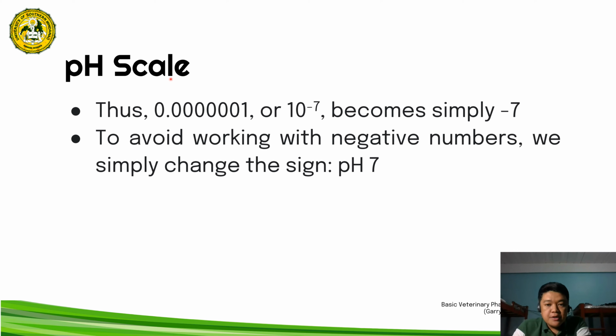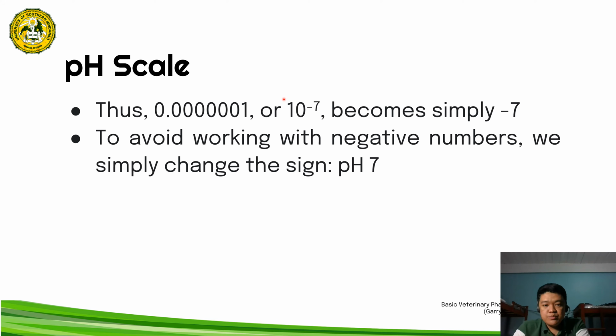So for example, a pH of 7 has a 0.0000001 concentration of H plus ions. In scientific notation, it can also be written as 10 to the negative 7.